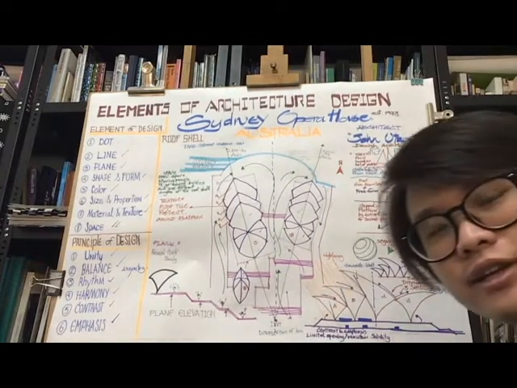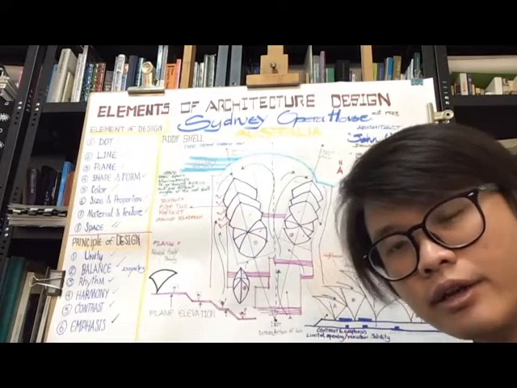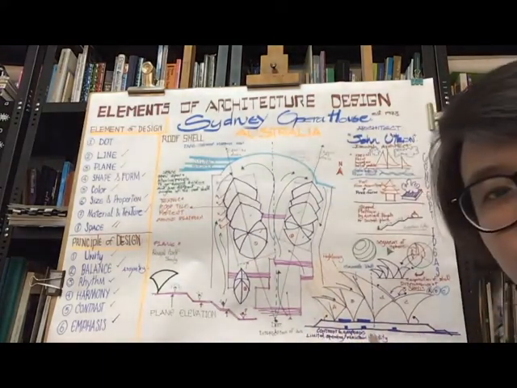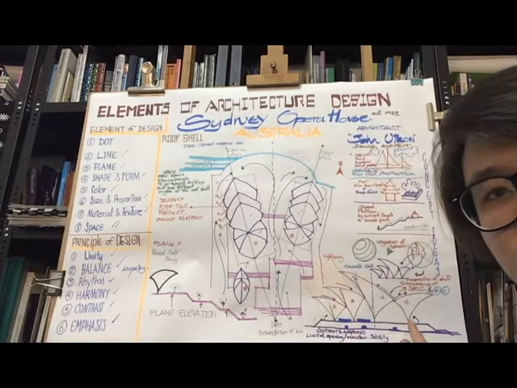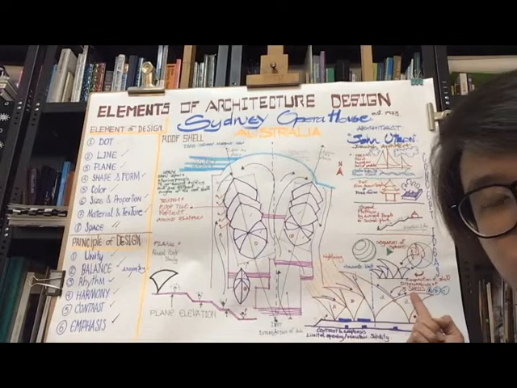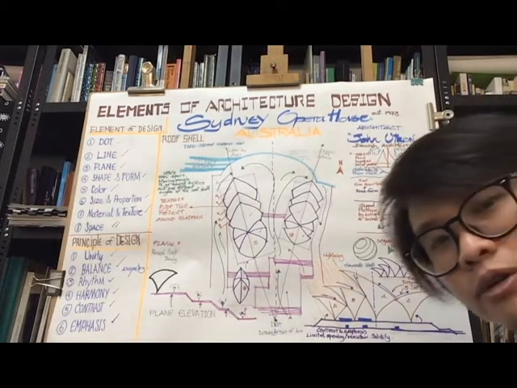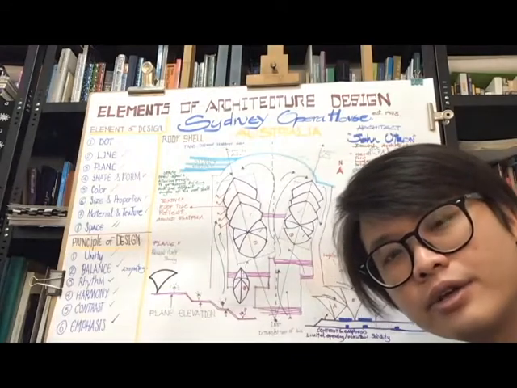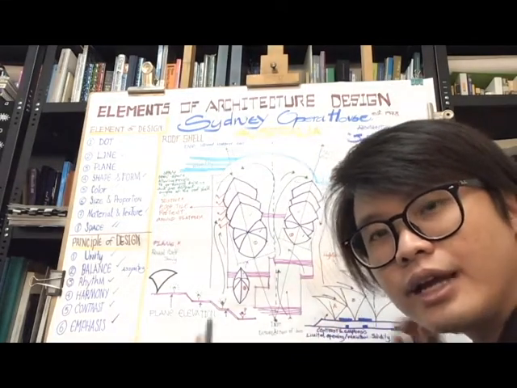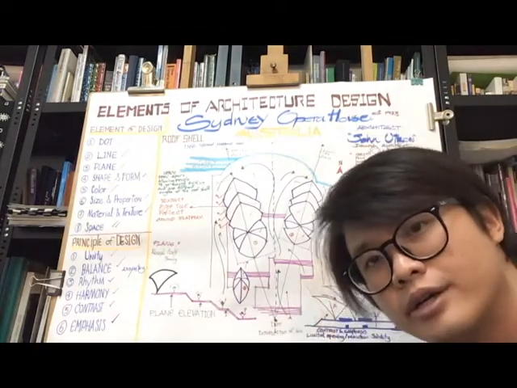It needs some solidity here, not so many openings, to emphasize the building as well. So that's why there are not many doors, and also the horizontal line can emphasize the building. It's how the elements work.